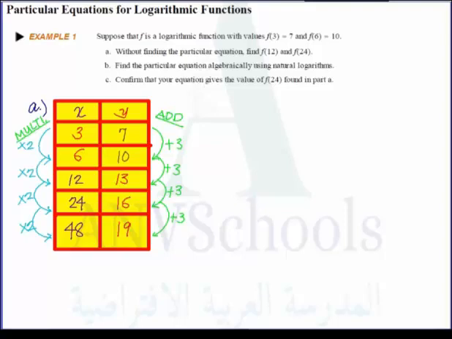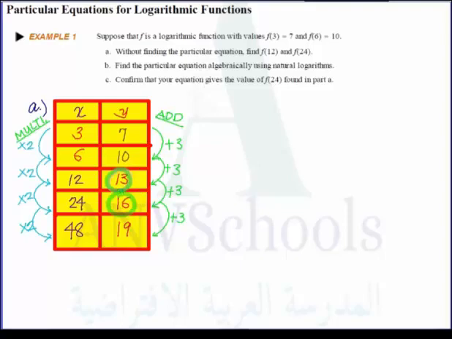Okay, so now we have satisfied letter A by obtaining f of 12 and f of 24 without writing the particular equation. And our answer for f of 12 is 13, and the value for f of 24 is 16.